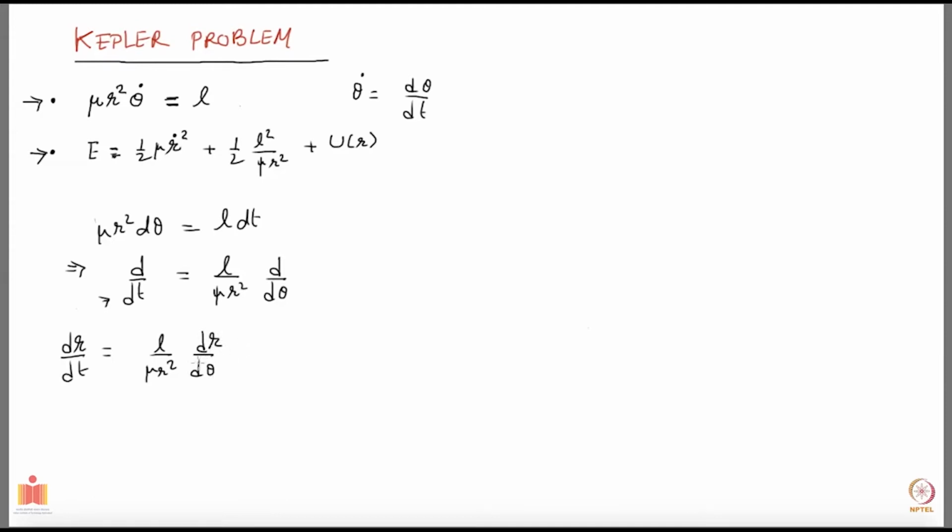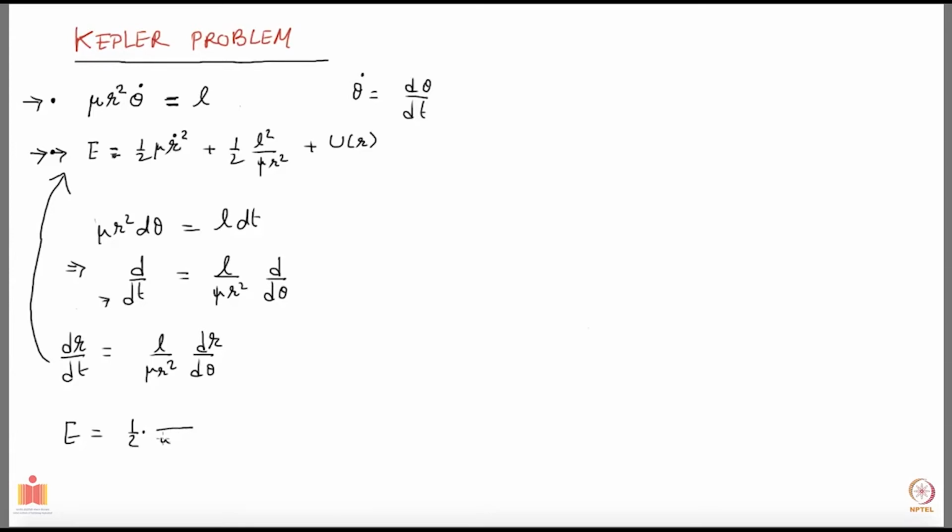Okay, that's nice. Now with this, my first integral becomes the following. So I substitute it in here and get the following: E is equal to half, we have r dot square, so I should square this thing. There's a mu here and there is a mu here which will be squared, so I'll get 1 over mu.